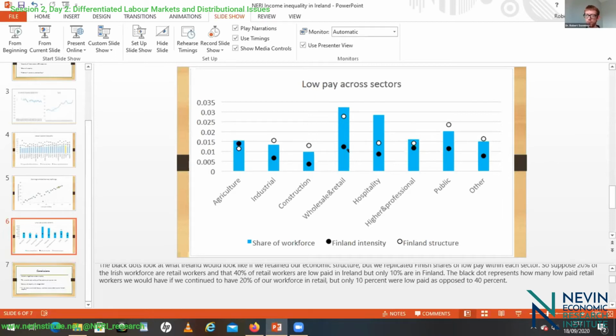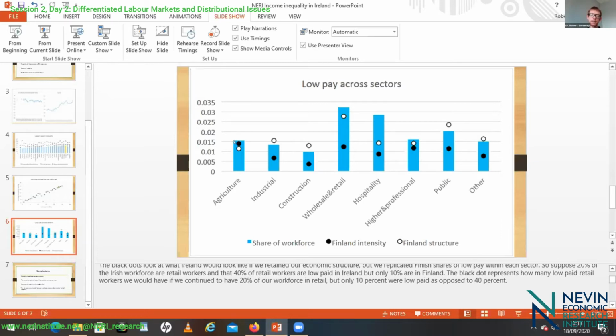The black dot represents how many low-paid retail workers Ireland would have if it continued to have 20% of the workforce in the retail sector, but now only 10% of that workforce were low paid. So it replicates the intensity with which Finland uses low-paid workers, whereas the white dots replicate Finland's economic structure.